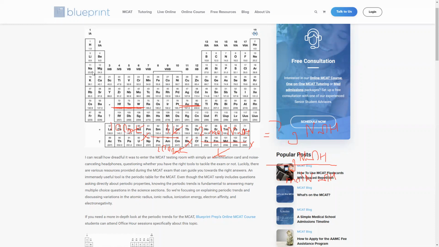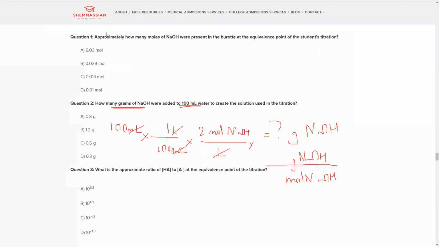So 23 plus 1 is 24, plus 16 is 40. So we're getting that 40 grams per 1 mole of NaOH. Okay, so now we have our complete setup is equal to some grams of NaOH.